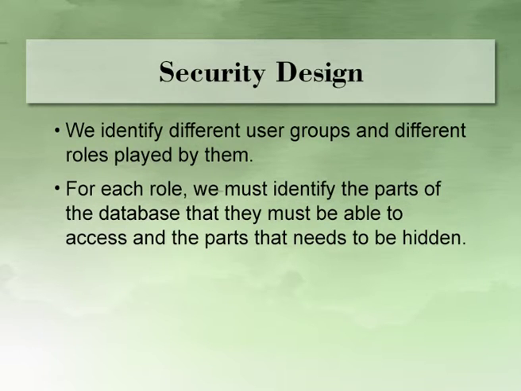Like a data entry operator can enter the data, but he can't delete the data. Even if he wants to delete the data, he has to have certain permissions from the administrator, or else he can't change the existing data until and unless he takes the permission. So there are certain roles for each and every identified group, and those roles should be well defined. For each and every role we must identify the parts of the database for which the permissions need to be given. These particular permissions are called access permissions, access rights, and you have to provide only those privileges for the groups.